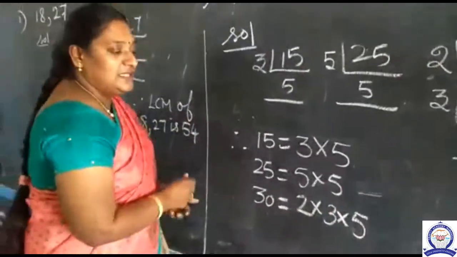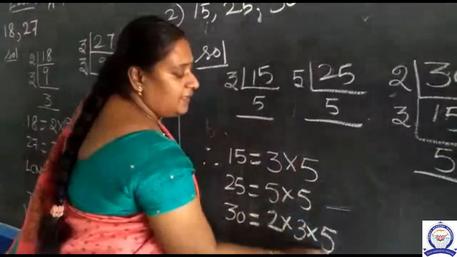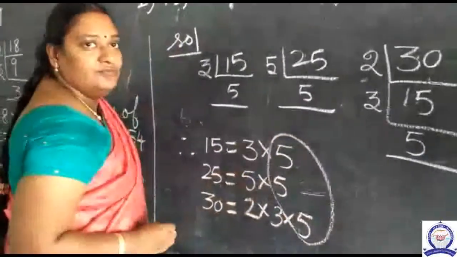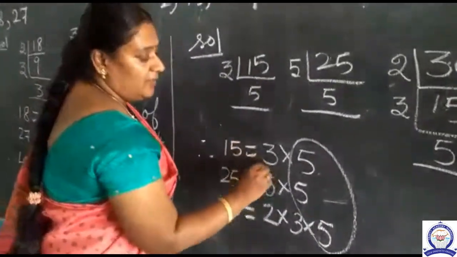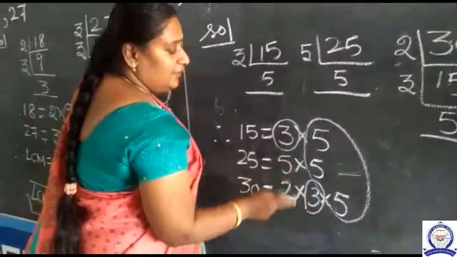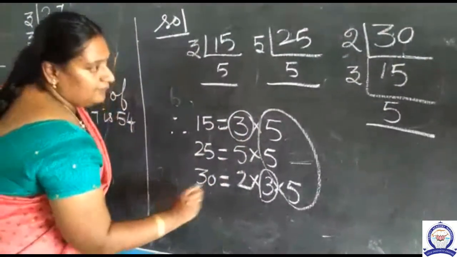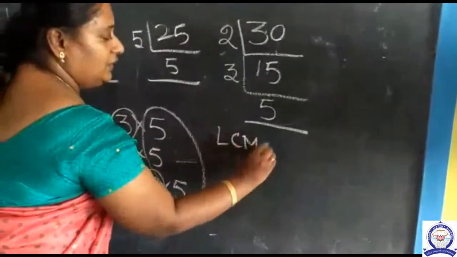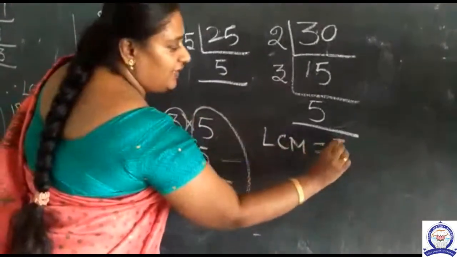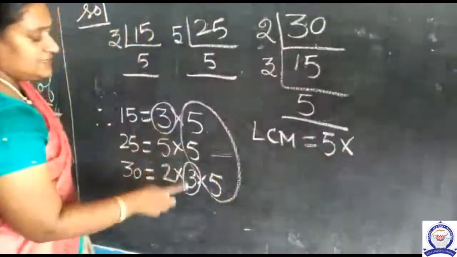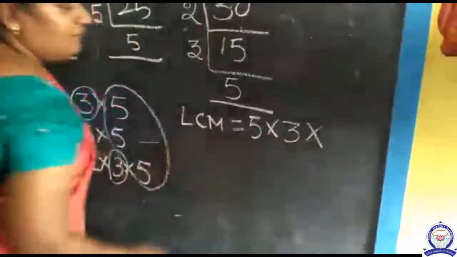Okay. Now listen. Which is common in all 3 numbers? 5 is common. You circle this 5. Now 3 is common in 15 and 30. You circle this. Now you find the LCM. I am writing here. LCM is equal to the common 5 in all three, one time 5, into the 3 common in two numbers, once 3, into, what we have to do?